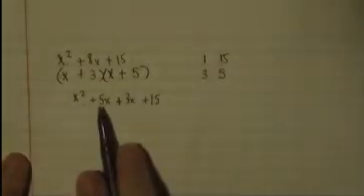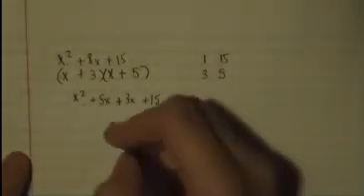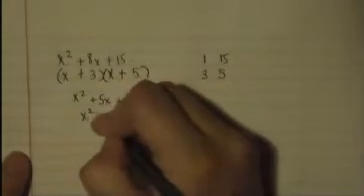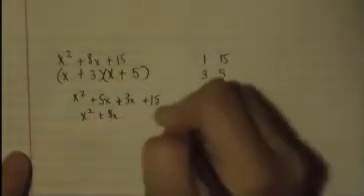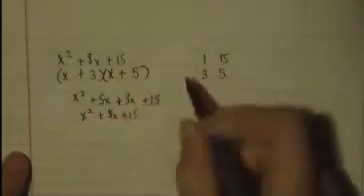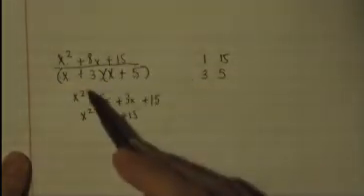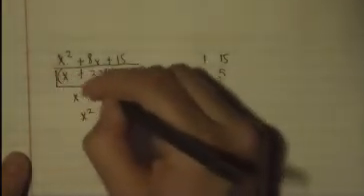Then the 5x and the 3x combine, so you get x squared plus 8x plus 15. That is what we started with, and so our factorization here was correct, because all we did was factor it and then remultiply it to make sure that it multiplies together to make what we started with.